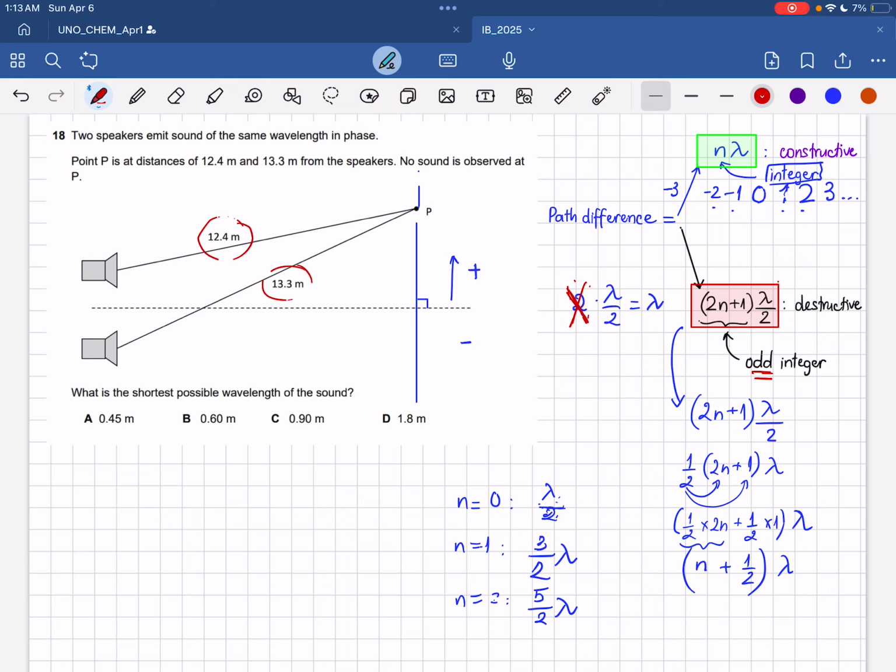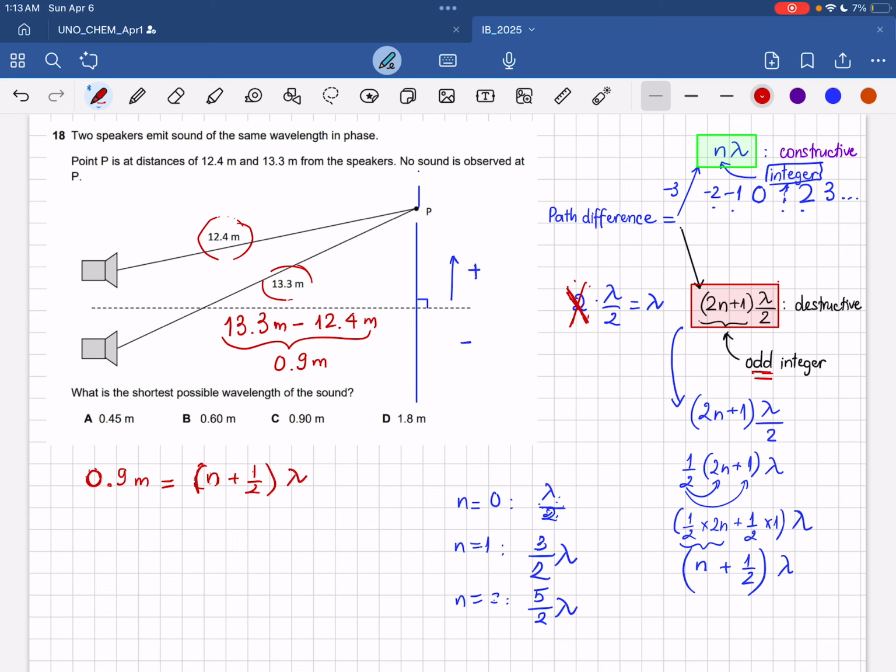Okay, we can calculate the path difference, right? It's basically 13.3 meters subtracted by 12.4 meters, and this turns out to be 0.9 meter. Now we put that the path difference is 0.9 meter, then we can use that equation for destructive, half integer of the lambda.